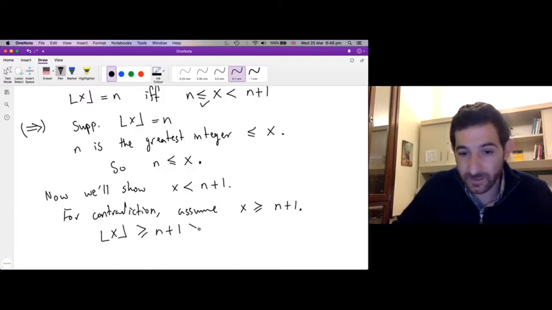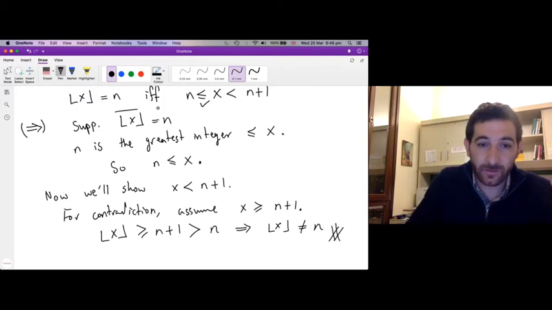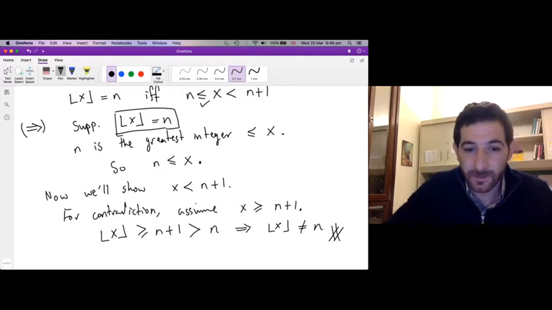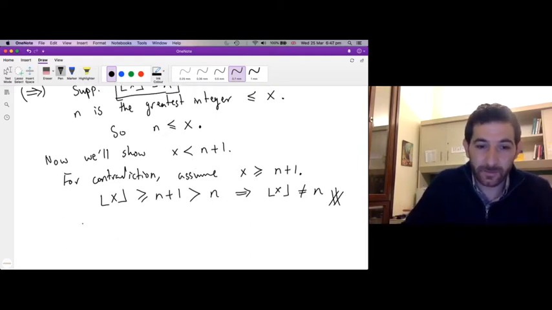And n plus 1 is strictly bigger than n. So this means that the floor of x is not equal to n, which is a contradiction, because our assumption is that the floor of x is n. Okay, so this can't happen. Our assumption cannot happen.